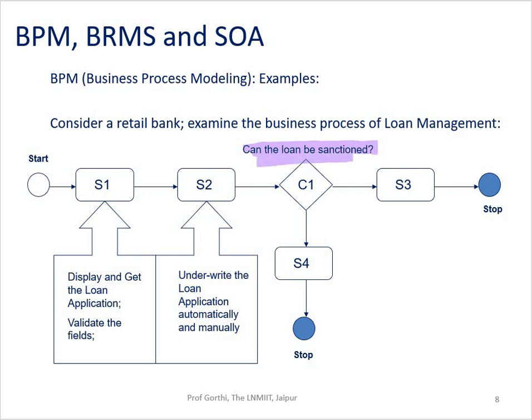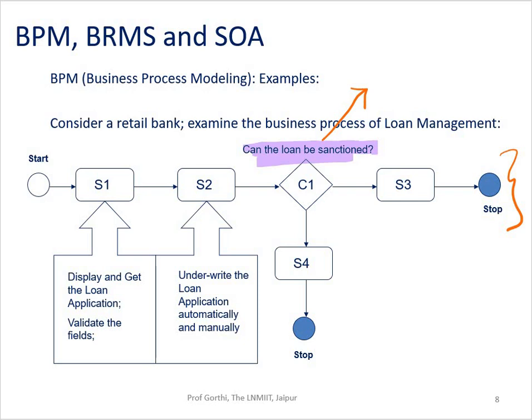In a general process, I have this business process modeling along with service oriented architecture as well. Let's say I went for underwriting the loan application automatically and manually. Now this condition can be decided after several checks, which would be through several services, right?